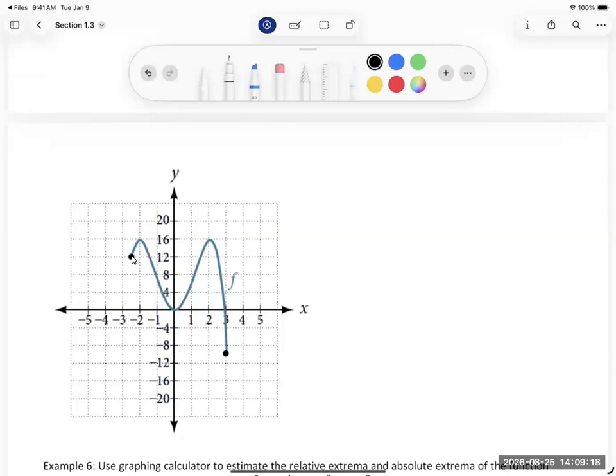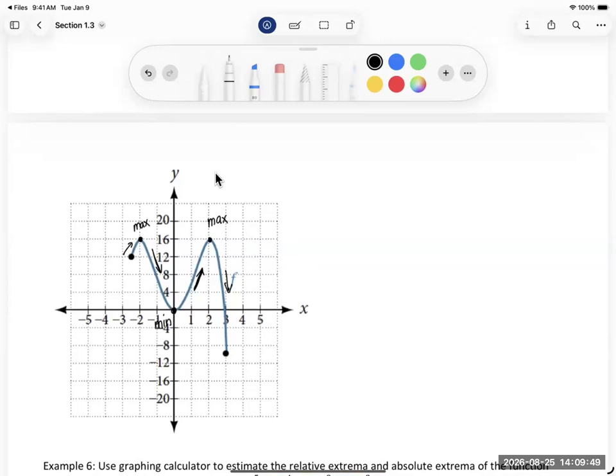If I start from the very left point, I will have an arrow drawing upward, right, until this point right here, where I will have a max. After that point, I draw a downward arrow until this point right here. That will be my min. And I have an upward arrow until this point, where I have my max, and then downward again.